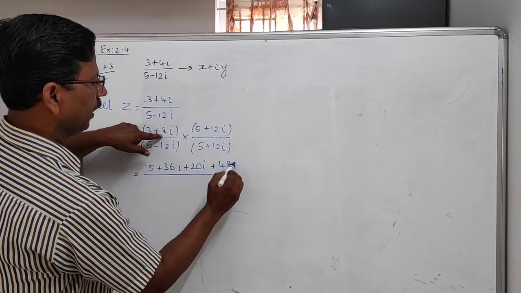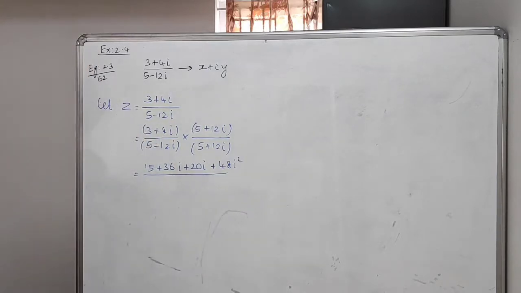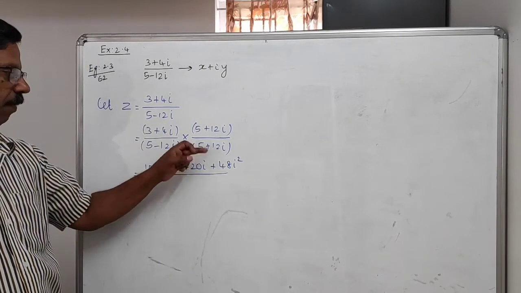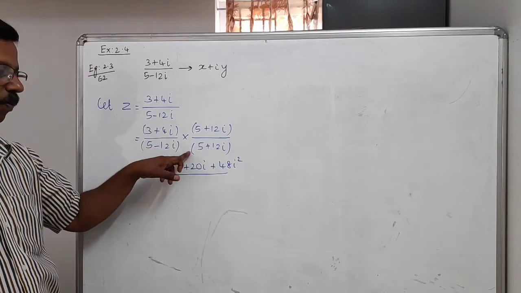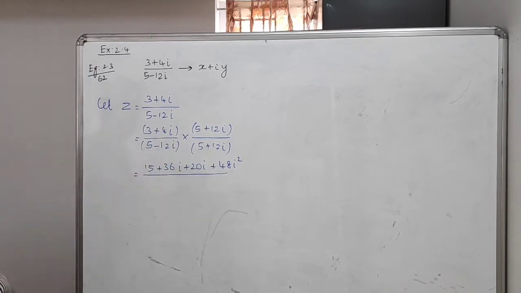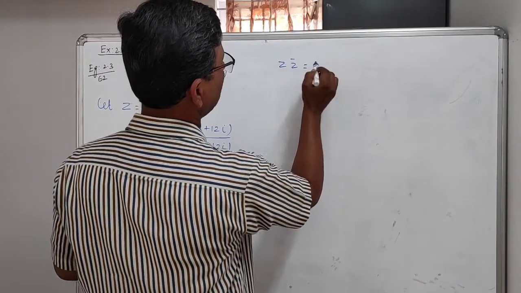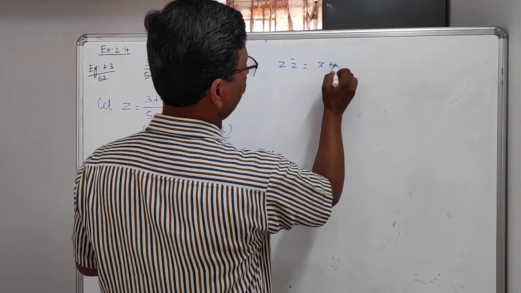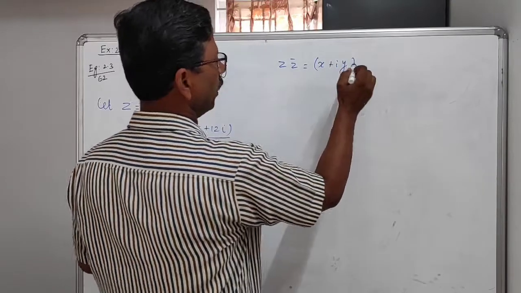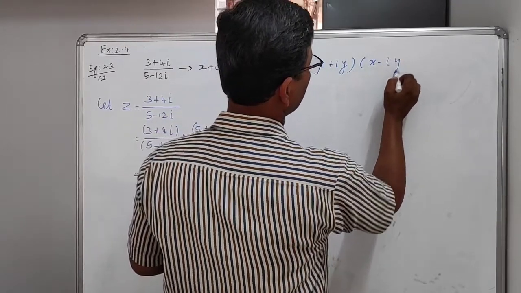are 48i square, by, now the denominator is of the form a plus b into a minus b. I'll tell you here, z into z bar means, if you consider z as x plus iy into z bar is x minus iy.